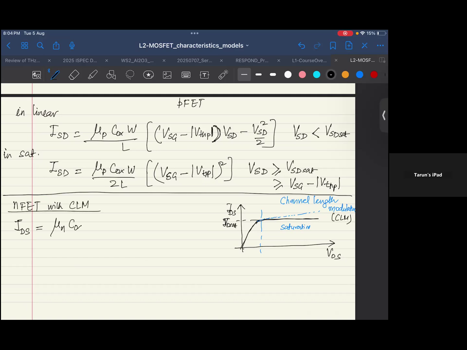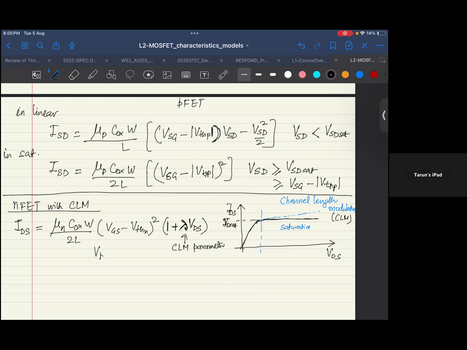Which is what we would typically use. You have to just modify it because you didn't have any VDS dependence in saturation. So what you need to do is put in one more term which depends on a factor we call lambda. We call it the CLM parameter, right? So this is your channel modulation parameter. Lambda decides how much the current is increasing with the VD, and you see that it is increasing linearly with the VD.